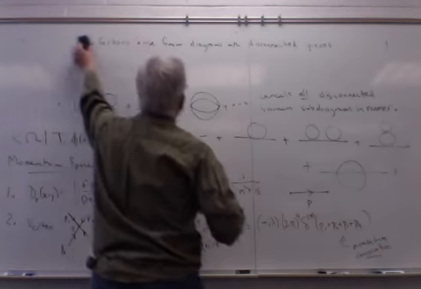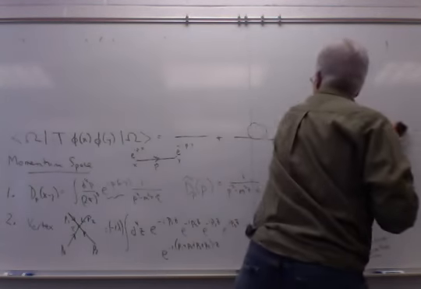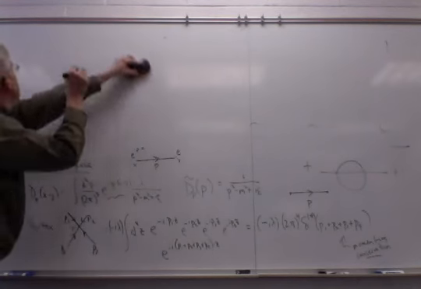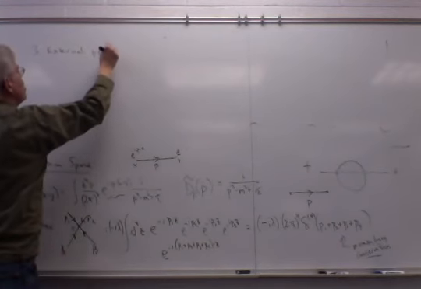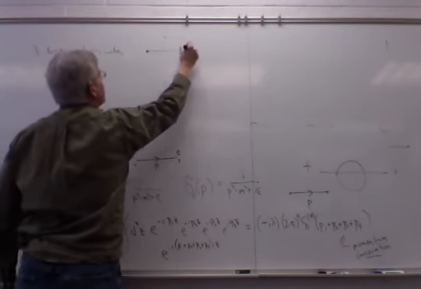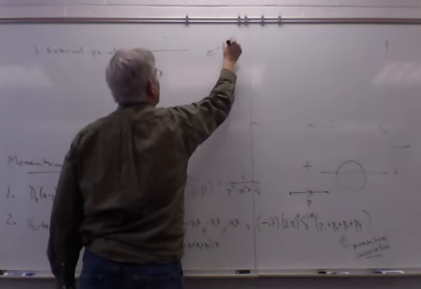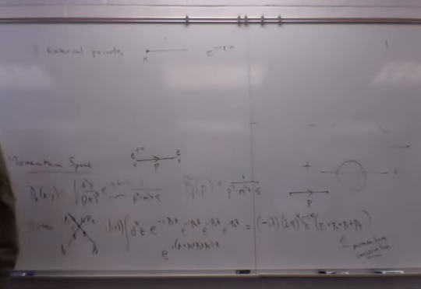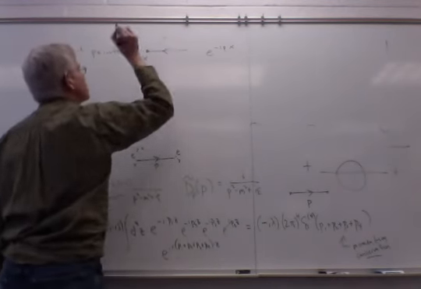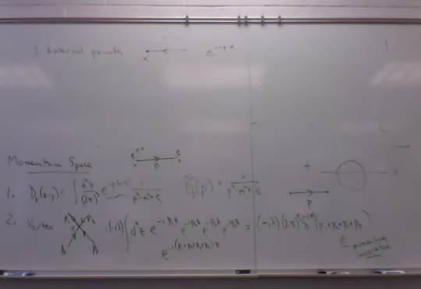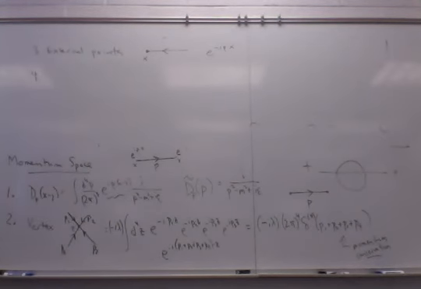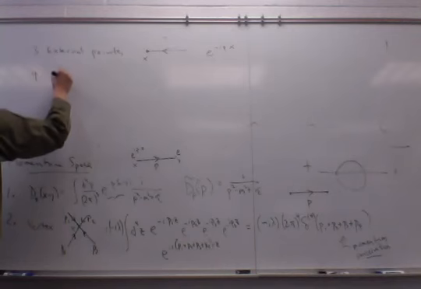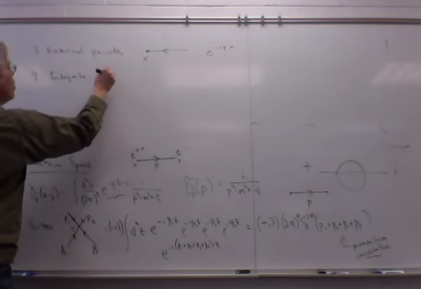So external points give a Feynman rule of e to the minus i p dot x, if the momentum is flowing towards x. And then we integrate over all momenta.